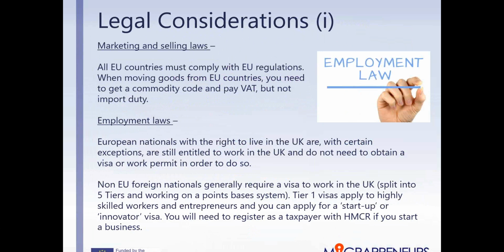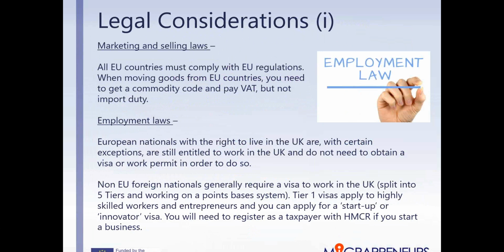Although currently EU nationals are being asked to register that they are working and living here in the UK, and there's more information on that, and what you need to do if that relates to you, on the .gov.uk website. If you are a non-EU foreign national and you're interested in working here in the UK, you do still require a visa.